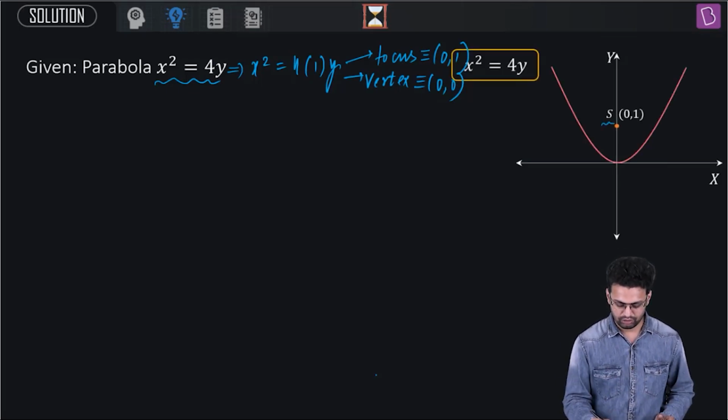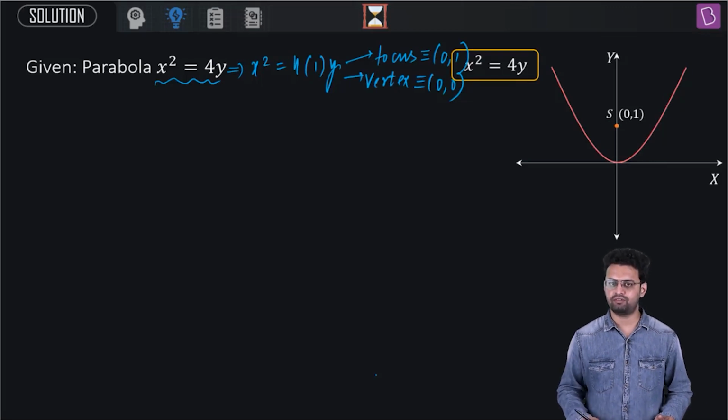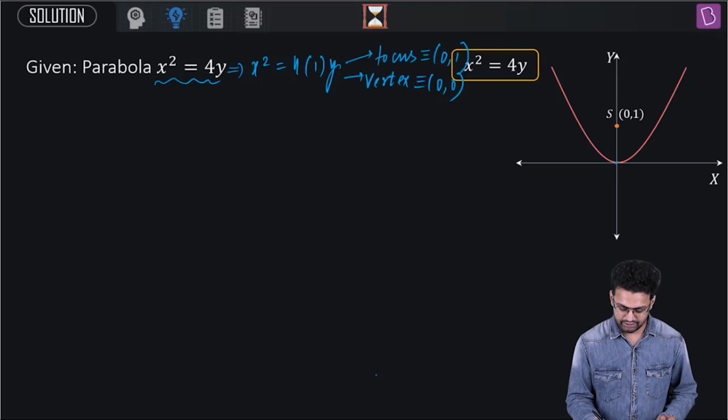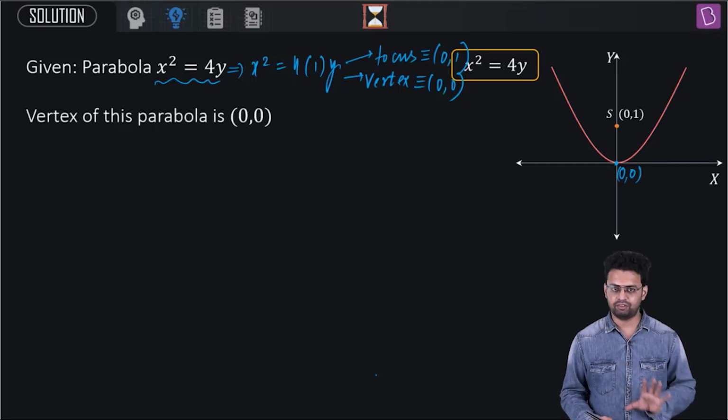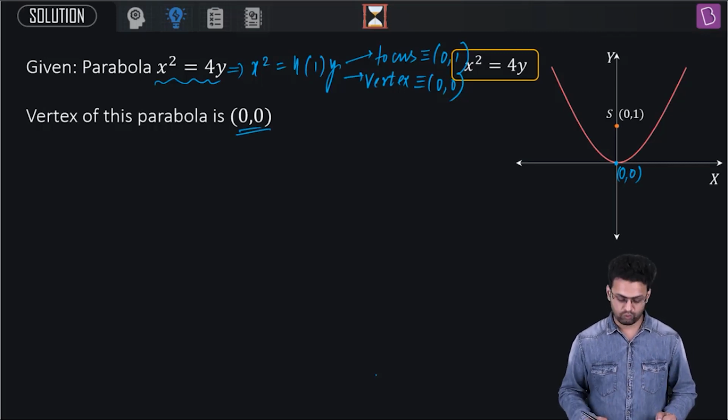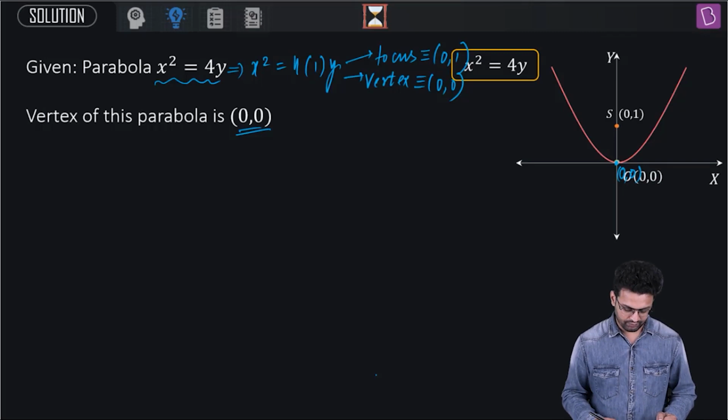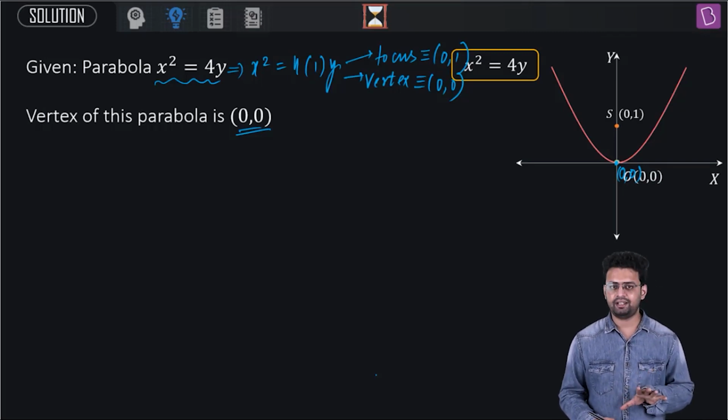This is the coordinates of the focus, 0 comma 1, and the coordinates of the vertex is nothing but the origin, which is 0 comma 0, right? So moving further, we have the vertex of the parabola at 0 comma 0. Now what we'll do next, it is given that there is a circle whose center is at the vertex of the parabola.